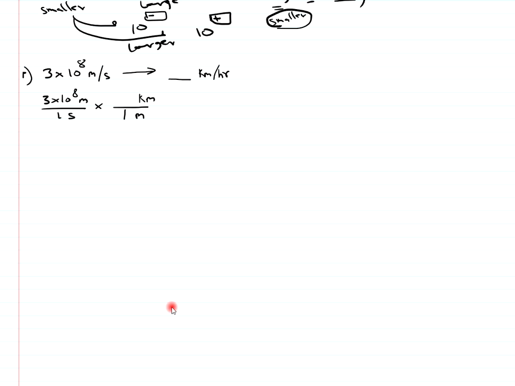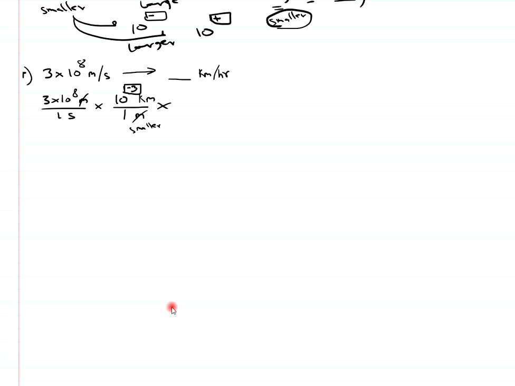Converting a meter to a kilometer, you're going from a smaller unit, meter, to a larger unit, kilometer. So our 10 needs to be raised to a negative power. And you know meter to kilometer is 3, and it has to be a negative power because you're going from a smaller unit to a larger unit. So now we got the meter cancelled off and we have kilometer left.